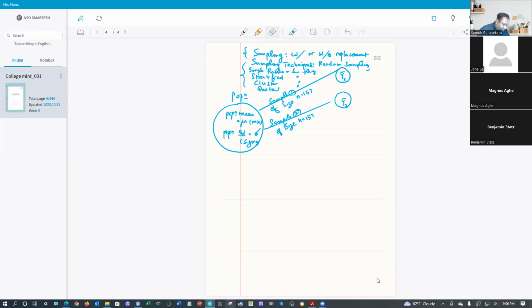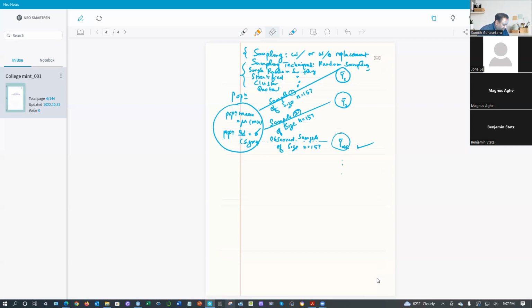Then somewhere over here, you have the observed sample, the sample we have in our hand, of size 157. I'll call this y bar obs.